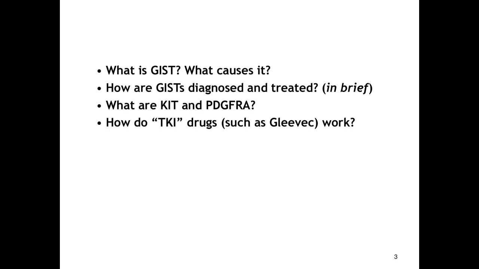We will talk about KIT and PDGFRA. These are the names of two proteins that are closely involved in most cases of GIST. We'll say a little bit about the TKI or tyrosine kinase inhibitor drugs, such as imatinib and Gleevec.